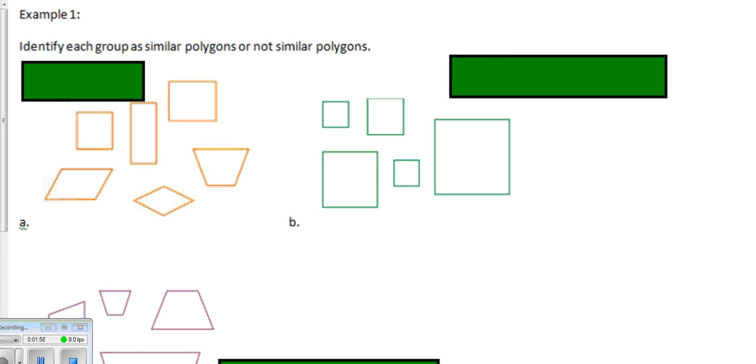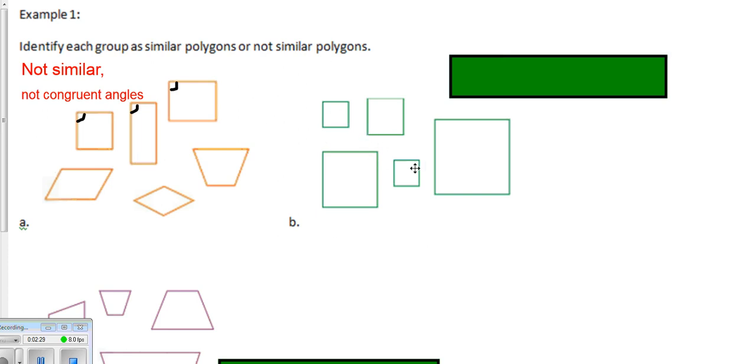If we look at them, though, these 3 look like they all have right angles. On the bottom 3, though, none of those angles appear to be right angles. So we can see already, although they are all quadrilaterals, they don't all have matching or the same angle measures. So we'd say that that group is not similar. They're not congruent angles.